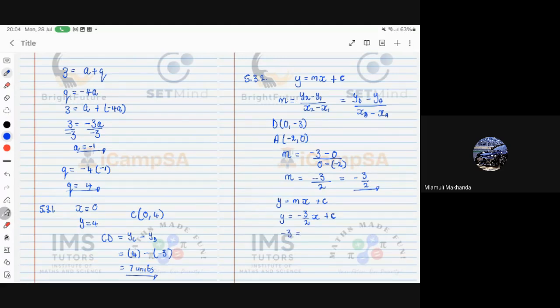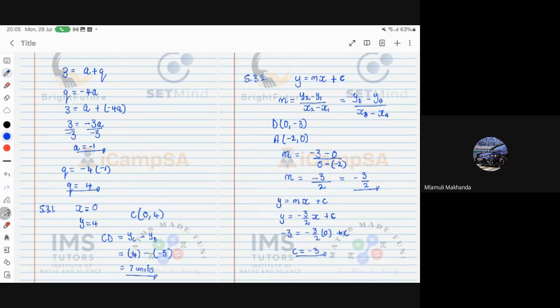Minus 3 equals minus 3 over 2 times 0 plus c. And then our c value is equal to minus 3.